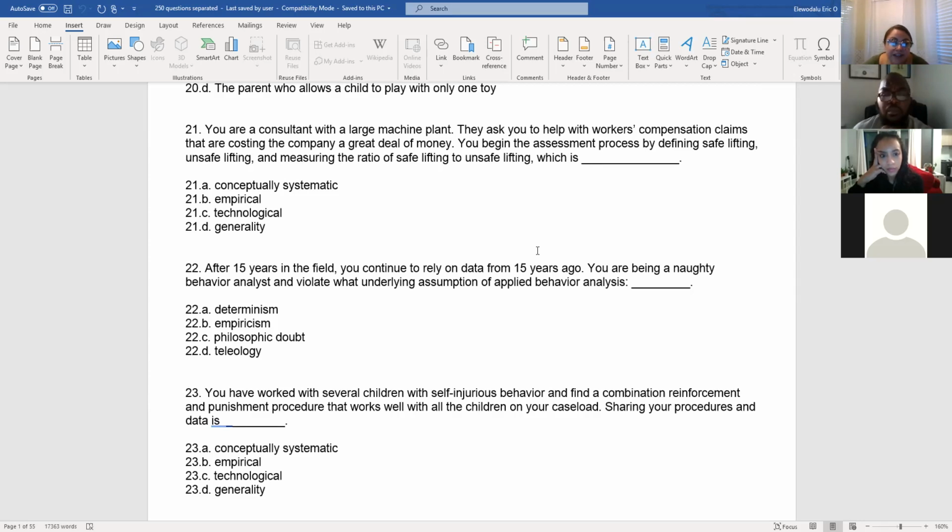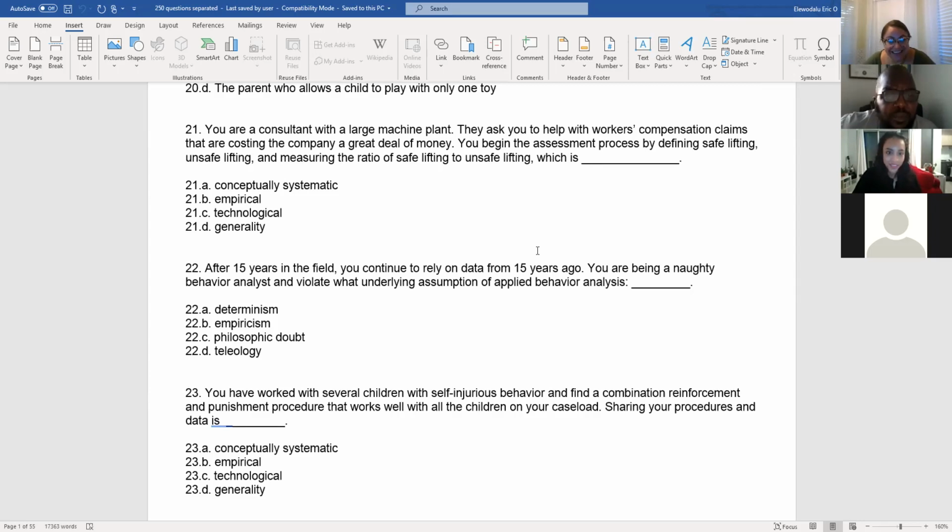Conceptually systematic? Technological? I think it's empirical. Oh my God, we all have a different answer. What's the right one?